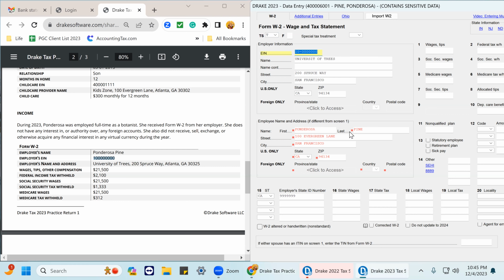This number must be right, otherwise when you do e-filing, they reject it. If it's an old client, you don't need to input any of those. It's there. All you need to do is look at box 1. How much is box 1? 21500. Don't be scared to make a mistake. Say it out loud.